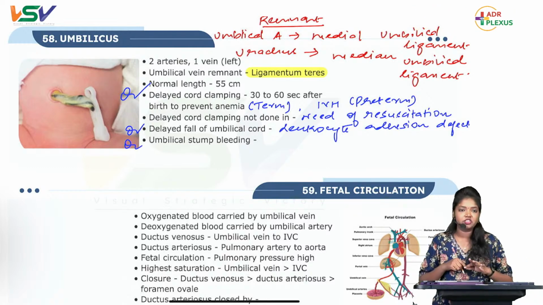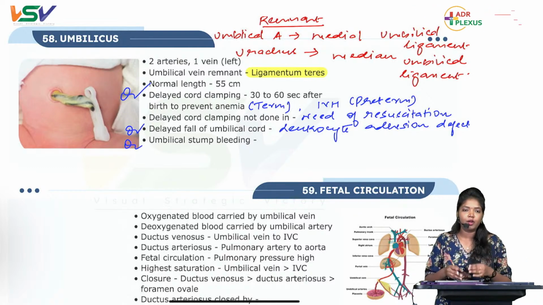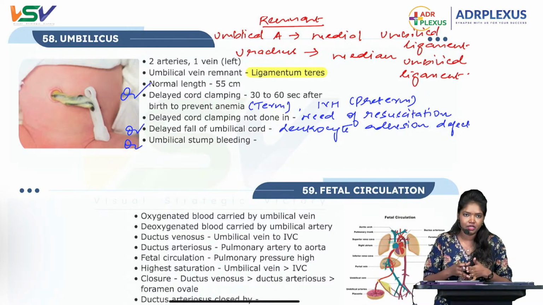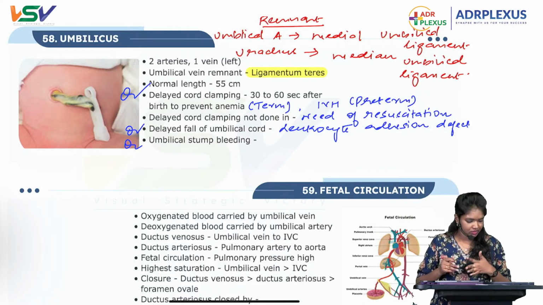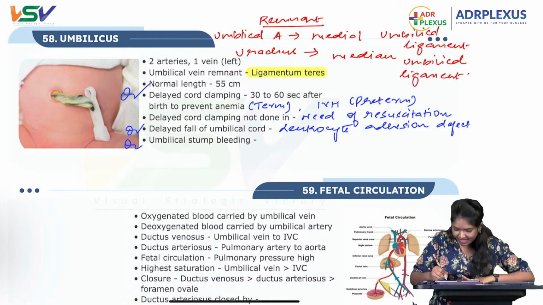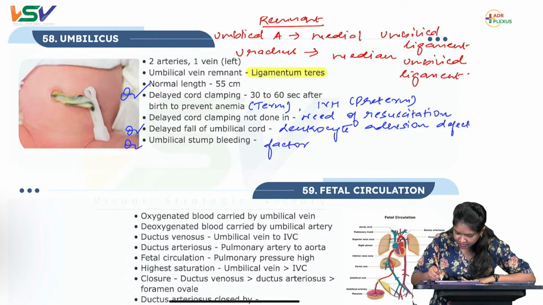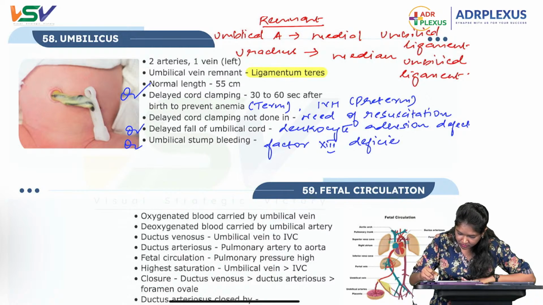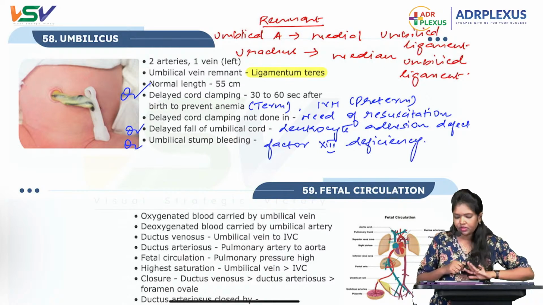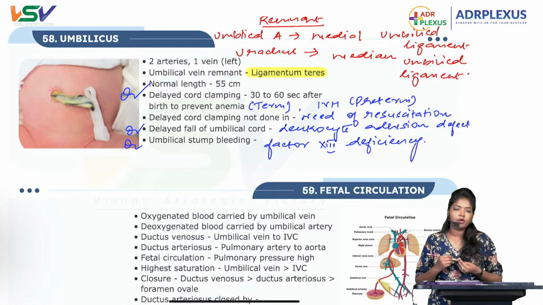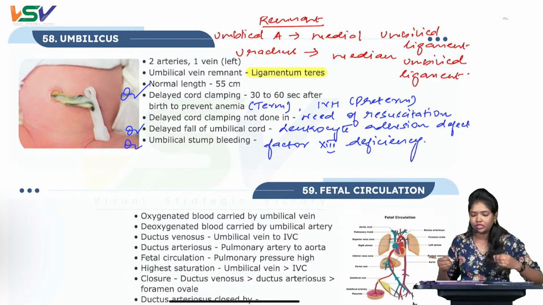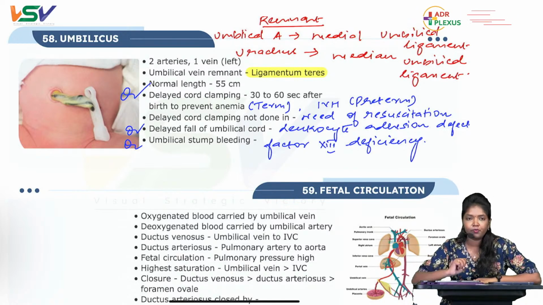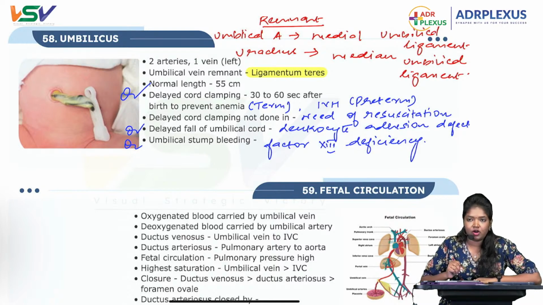Next question, a recent INICET question. Umbilical stump bleeding. A newborn presents with umbilical stump bleeding. Which deficiency? Very classical, factor 13 deficiency. What is the other problem where newborns can present with bleeding manifestations?